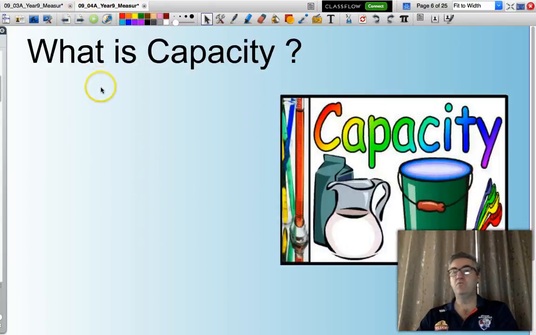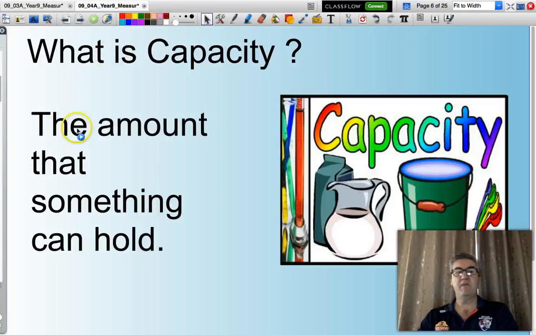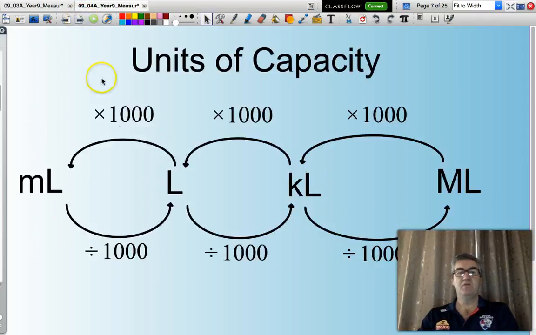Also, we are working with capacity. Well, what is capacity? That is the amount that something can hold. You think of volume as how much space something takes. Capacity, on the flip side, is how much something can hold. Typically, we work with the base unit of litre.